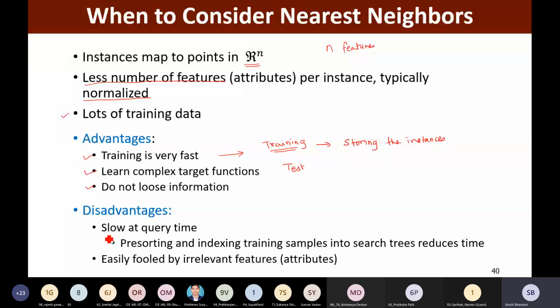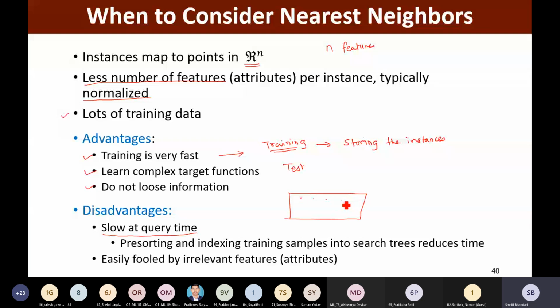But there are certain disadvantages also. What are those disadvantages? These algorithms are very slow at query time. We have seen this earlier. What do we mean by that? As I said, in training we are simply storing the instances.